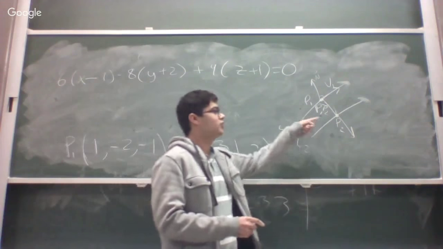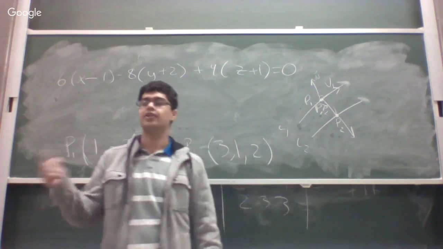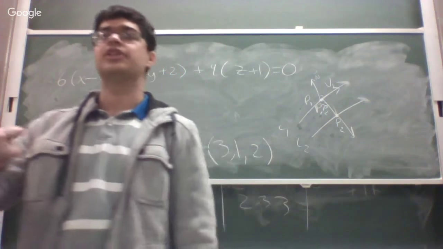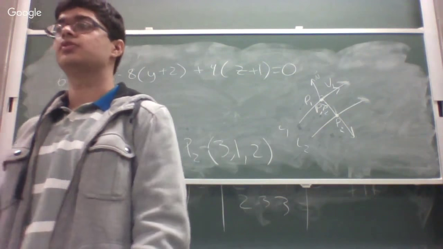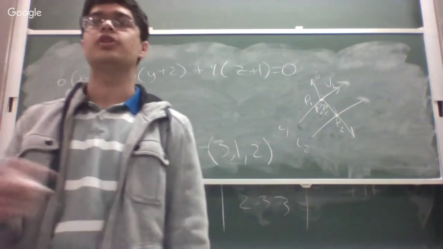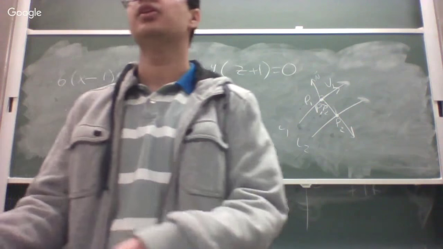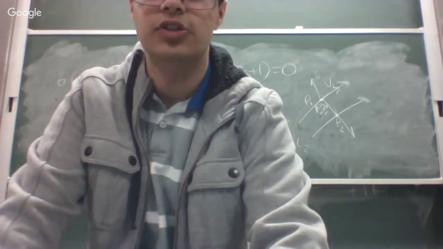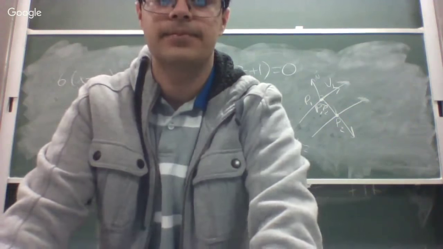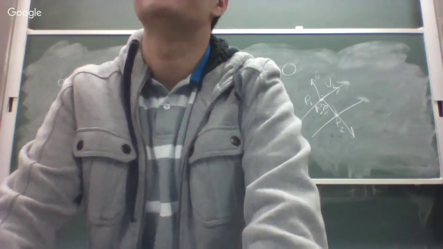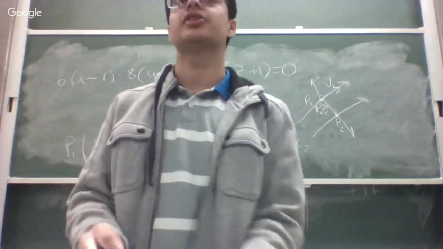So we did P1 to P2. That led to the normal vector, which always leads to the plane. And it depends on what you call the normal vector, okay? Because in the other one, the normal vector is the same as the line, so then you don't go to the plane from it. The normal vector is really perpendicular to the plane. But it can be in the same direction as the line.